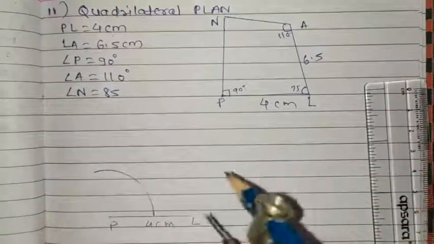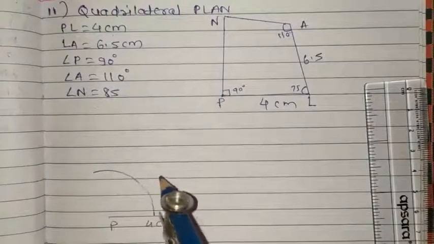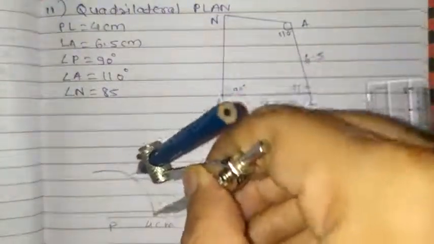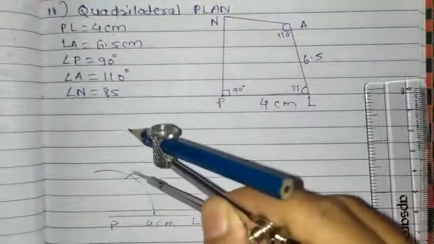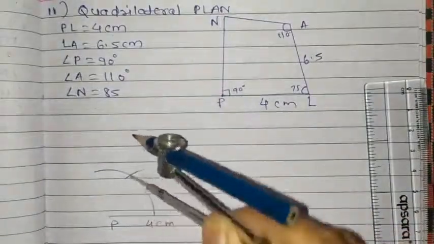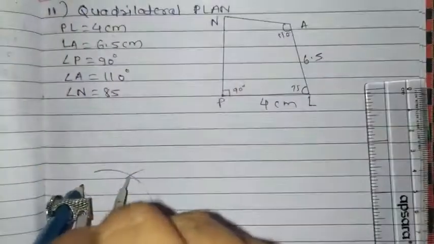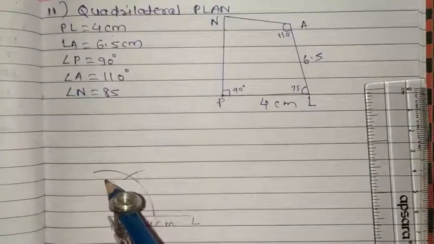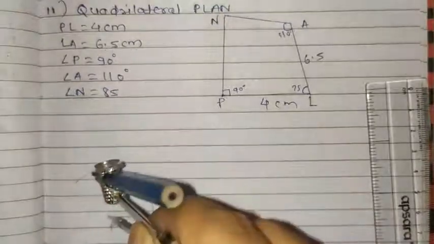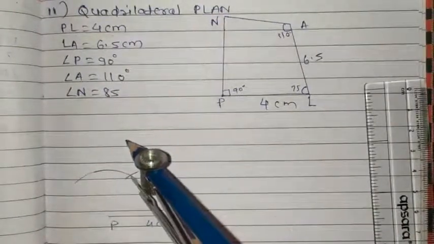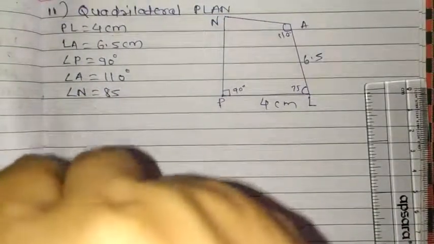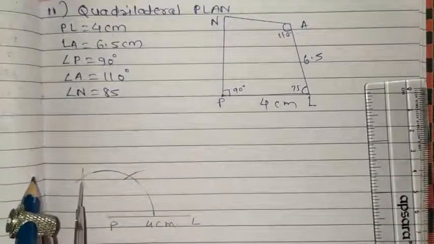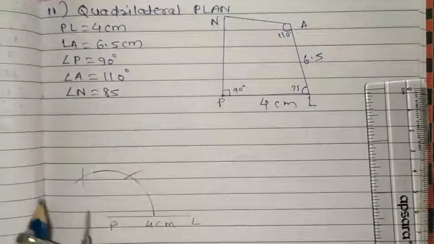So we have done the arc. Now don't change the distance of the compass, take your point here, and this angle will be 60, and if you make one more by taking the pointer here, then it will be 120. Actually we want the biggest arc here, so I just increase it so that we get the point here, and here we got the intersection, and this will be 120 if you draw the line from here.